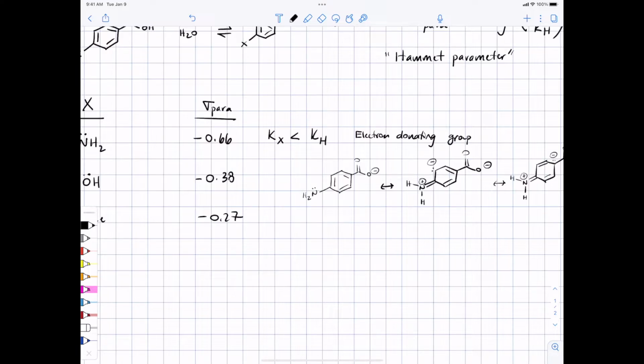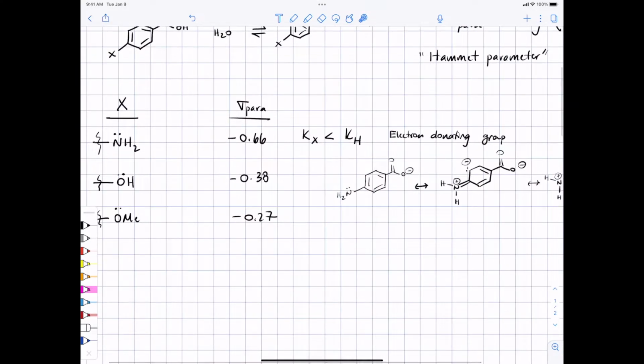Why do you suppose the sigma para value for NH2 is more negative than the sigma para value for OH? And the answer is nitrogen is a better electron donating group.